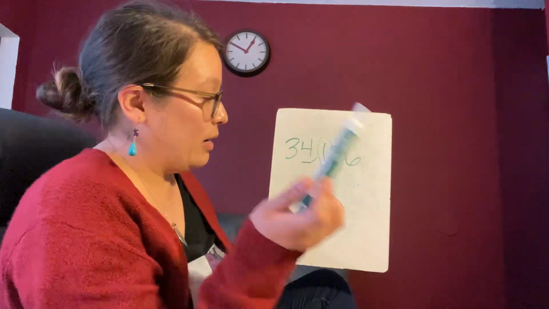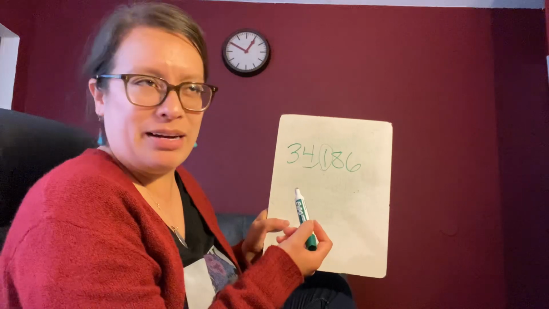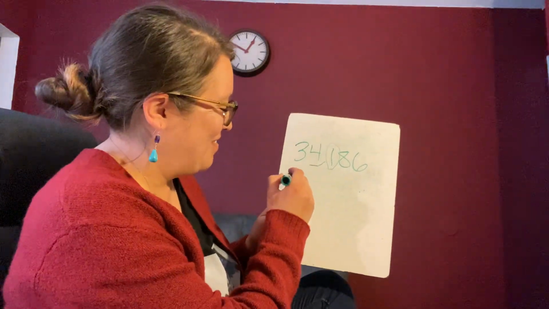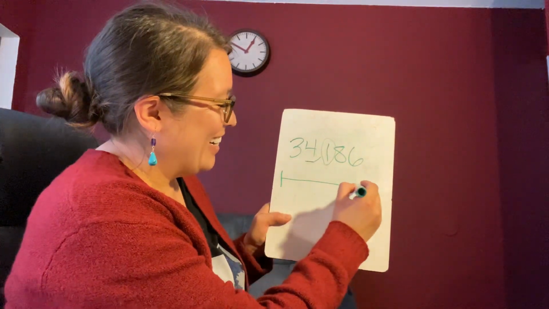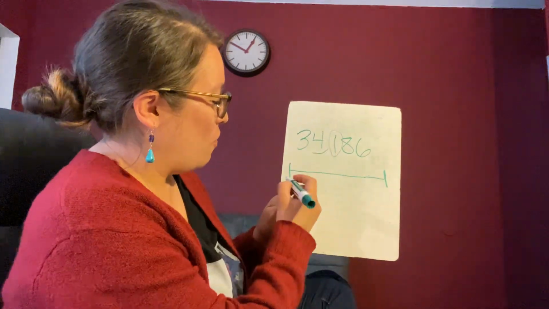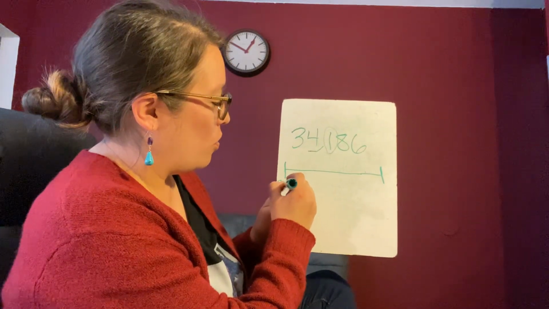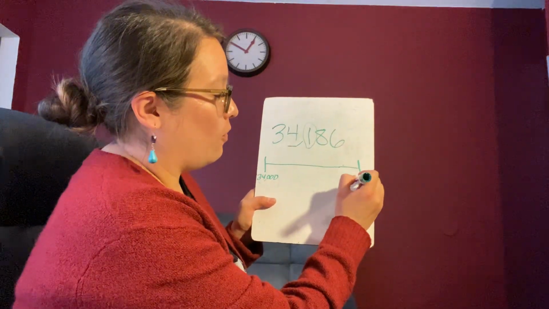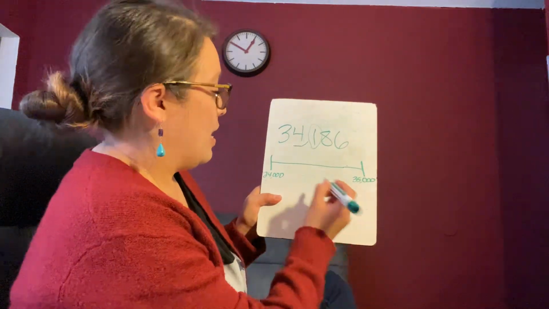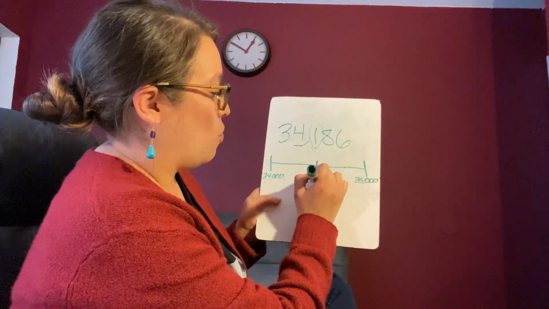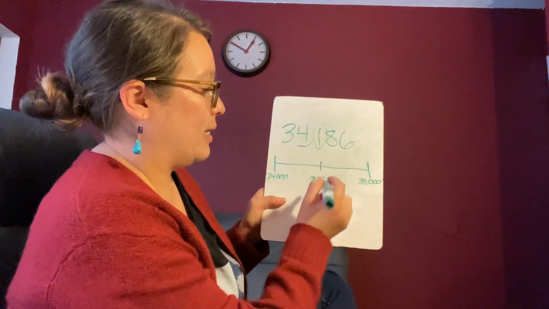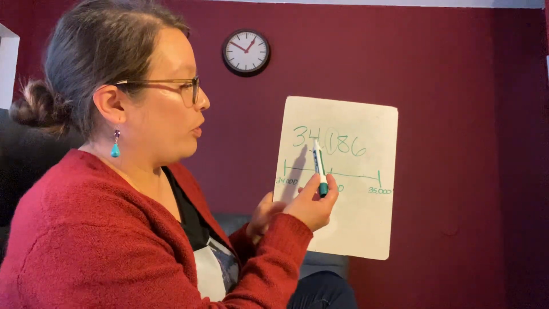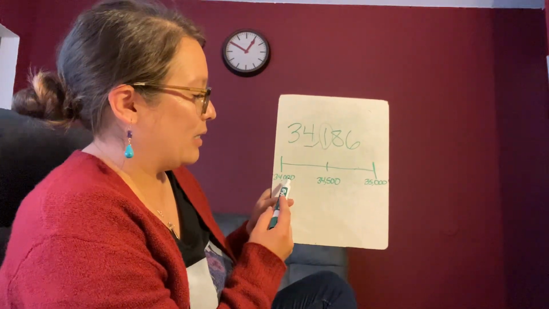Should we do a number line? Let's do a number line. All right. Okay. So first we put 34,000 here. And the next one would be 35,000. In the middle, we put 34,500 because that's in the middle. All right, 34,186.